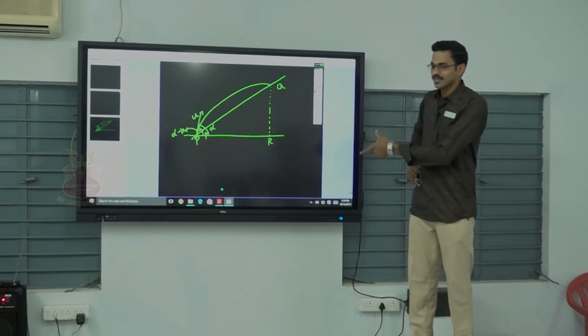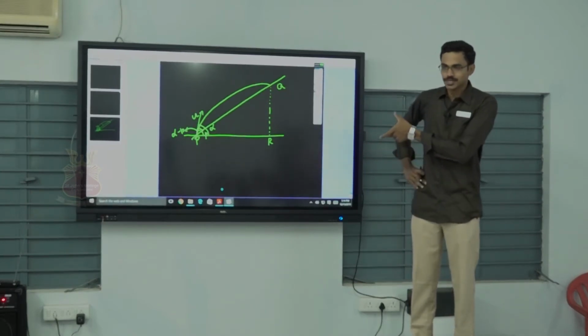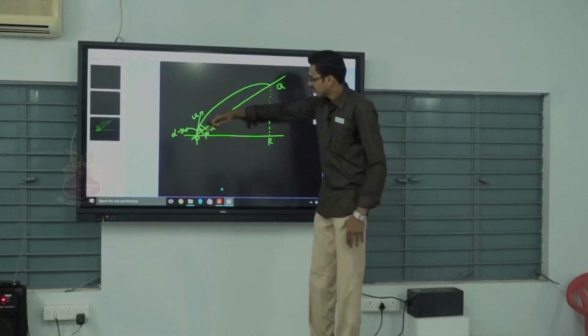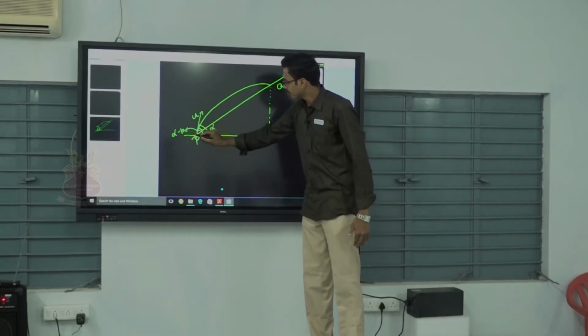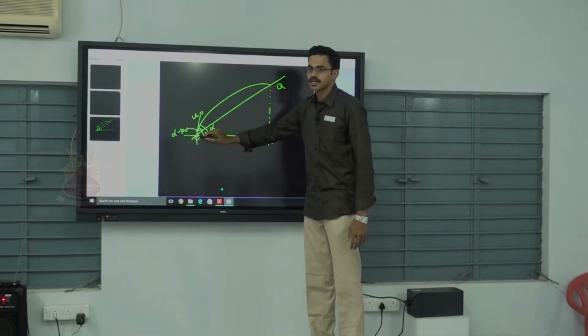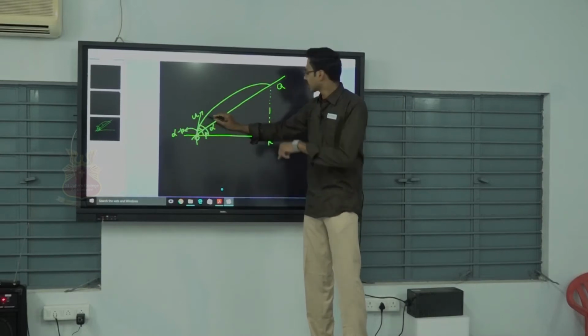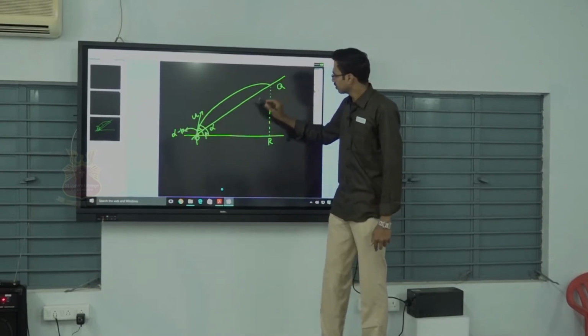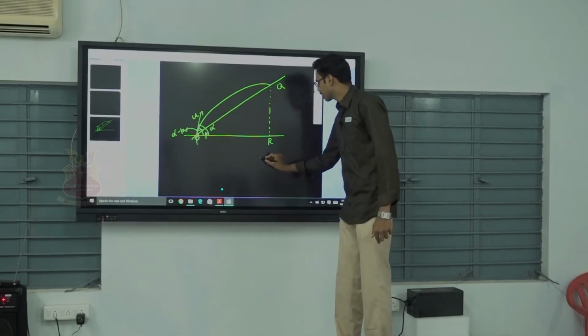Is it PQ or PR? PQ, because our projecting point is P, and at a certain time it reaches Q. Then range equals PQ.